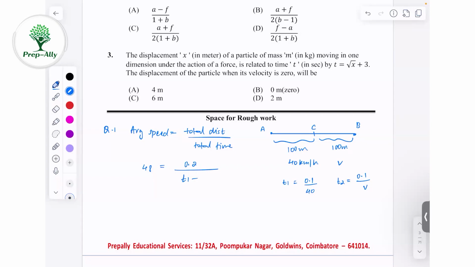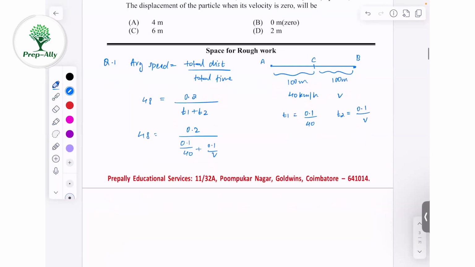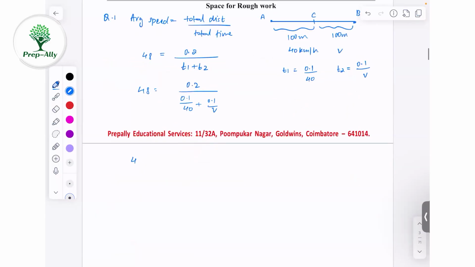So 48 is equal to 0.2 by (0.1 by 40 plus 0.1 by v). Let's take the 0.1 outside: 1 by 40 plus 1 by v. This goes twice, and we'll be left with 2 into 40v by 40 plus v.